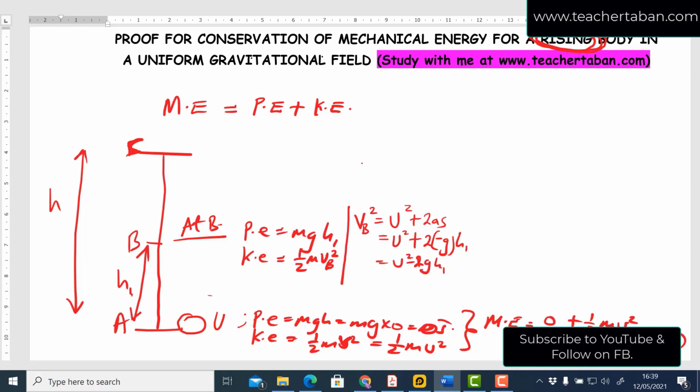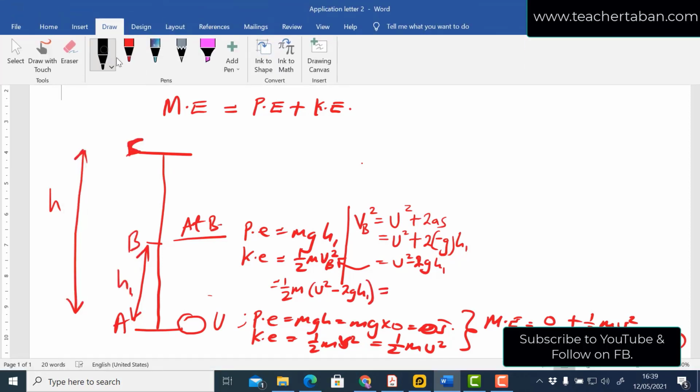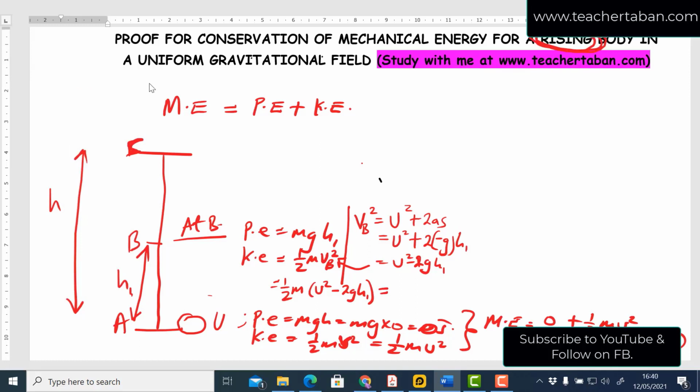2gh1. So substituting this into the kinetic energy expression, we shall have a half m into u squared minus 2gh1 in brackets. When you expand that, it will give us a half mu squared minus mgh1.